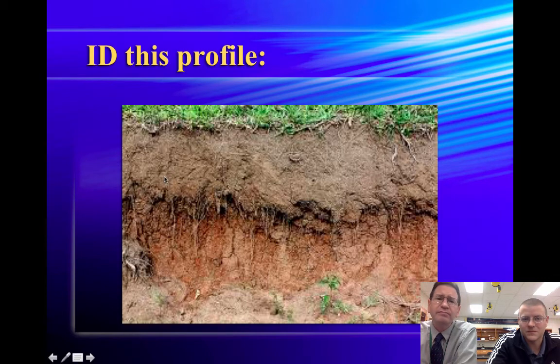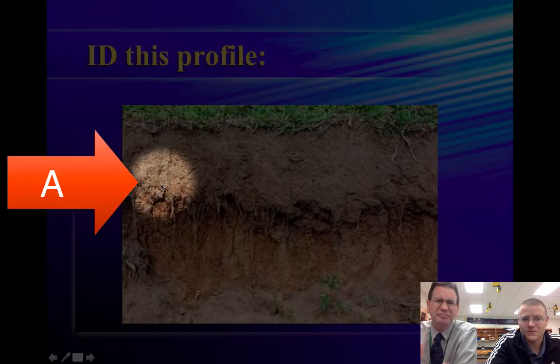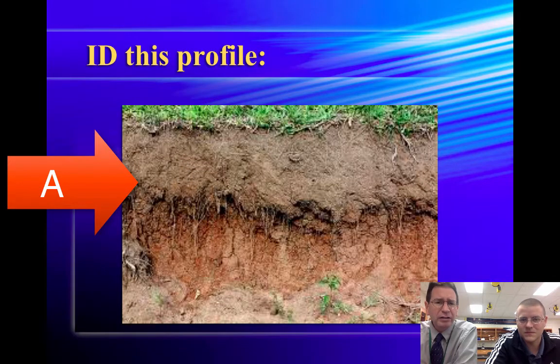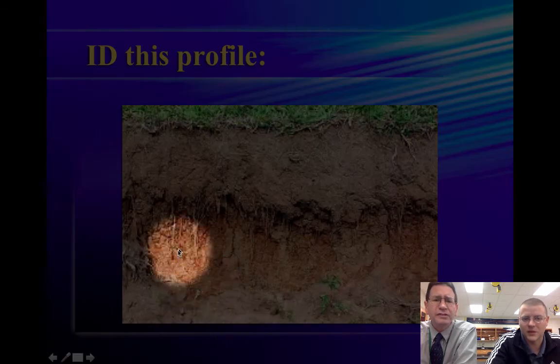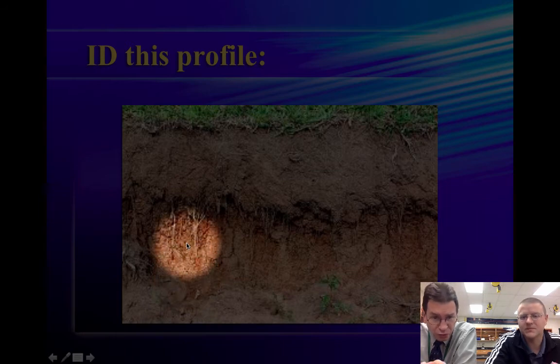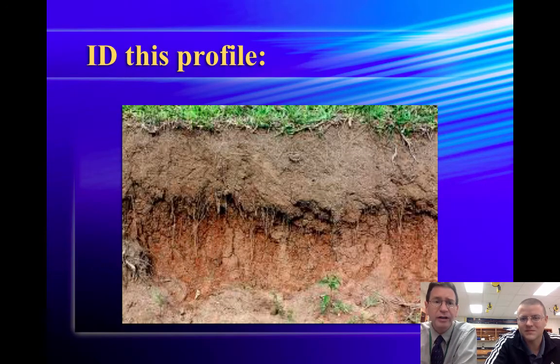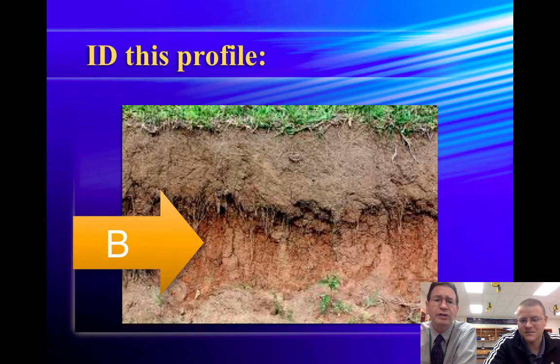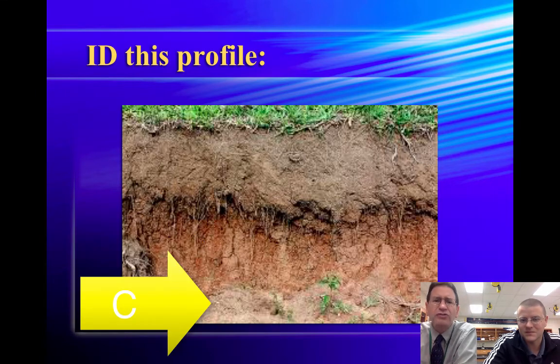So that layer right there is the A layer. You can see the roots sort of running out of steam in that middle layer there, and then finally no roots at all, and I can see some chunks of rock that seem to be in that bottom layer.